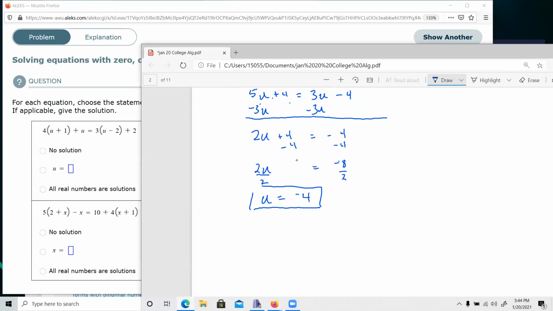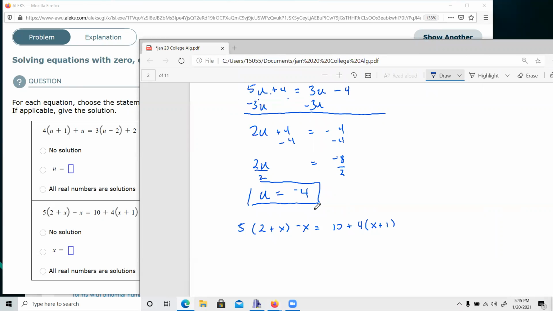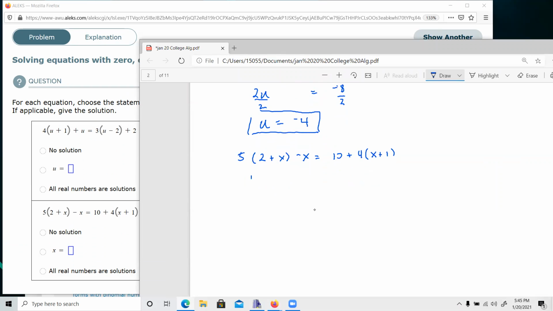All right. If we go to the next one, we have plus minus x. Is this equal to 10 plus 4 x's plus 1? All right. So if I go through and do this, we have 10. Right? Tell you what. No, that works.